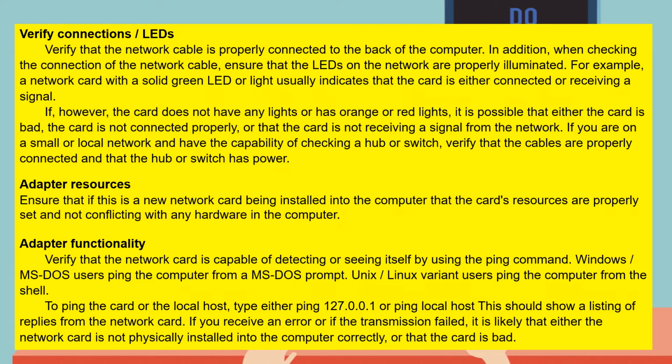To ping the card or the local host, type either ping 127.0.0.1 or ping localhost. This should show a listing of replies from the network card. If you receive an error or if the transmission failed, it is likely that either the network card is not physically installed into the computer correctly or that the card is bad.